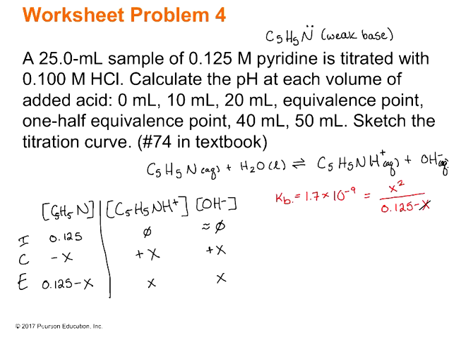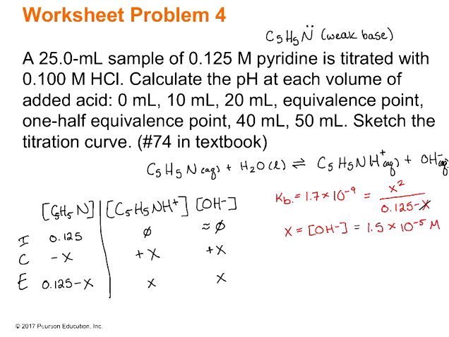Okay, so if you solved for X, which is also equal to the concentration of OH minus, you should have gotten a value of 1.5 times 10 to the negative fifth, and that's moles per liter.